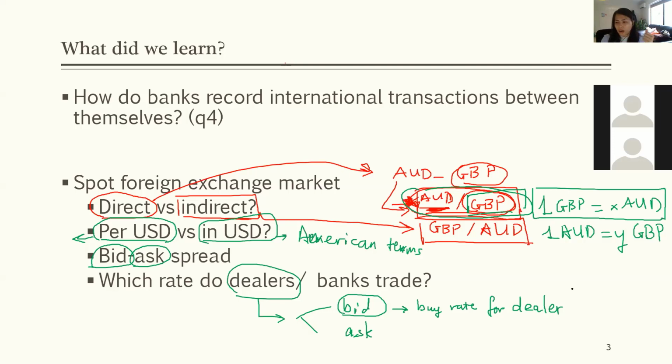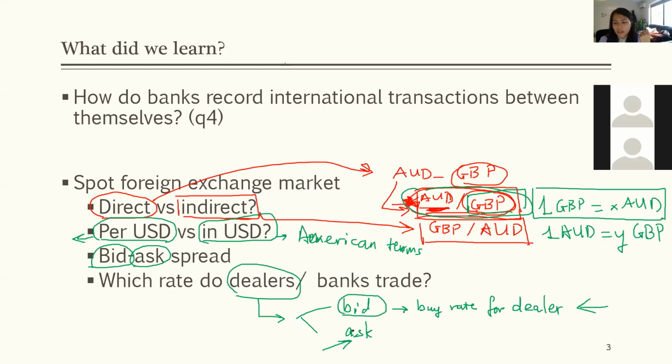As a client, I will always be transacting at the opposite rate to the bank. So if I want to sell the USD, I sell at the bank's bid rate. In contrast, if I want to buy a currency, I'll be buying at the bank's ask rate.